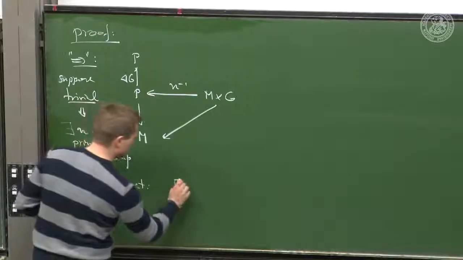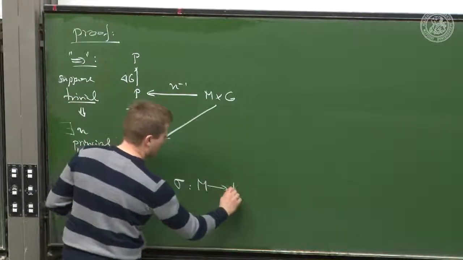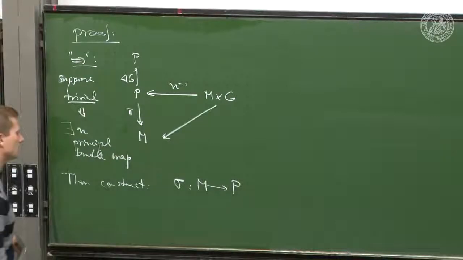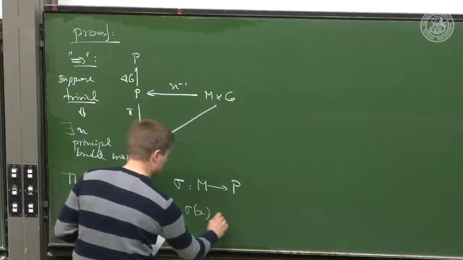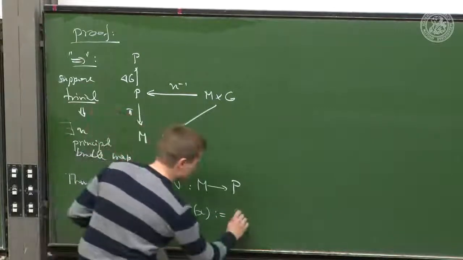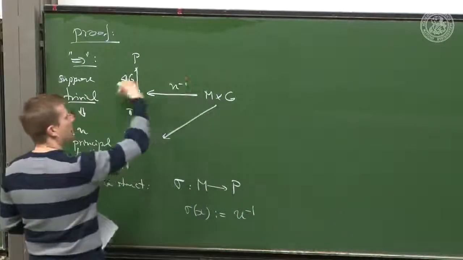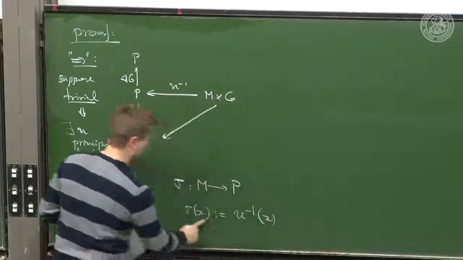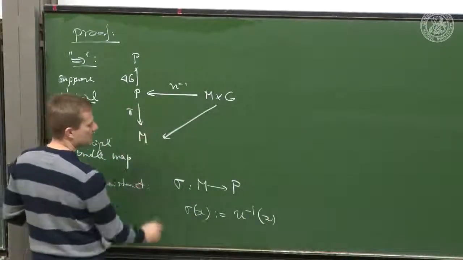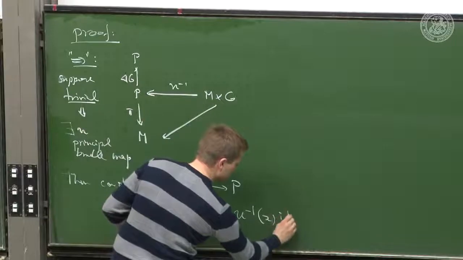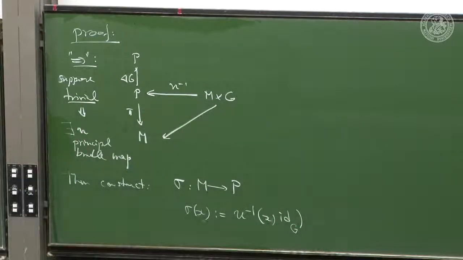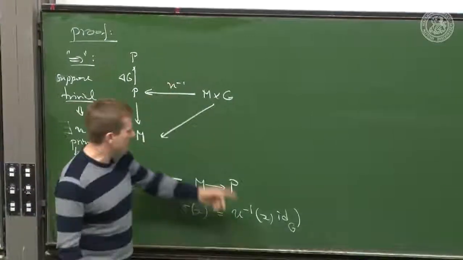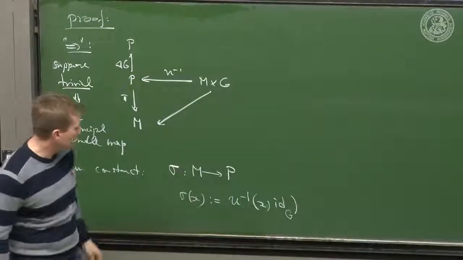But then we can construct a section sigma from M to P by virtue of letting sigma of x be defined as, well, I go back here and I take the point x, and I simply substitute the identity of the group G over there. If I have such a map, I can always take the identity and push it here.